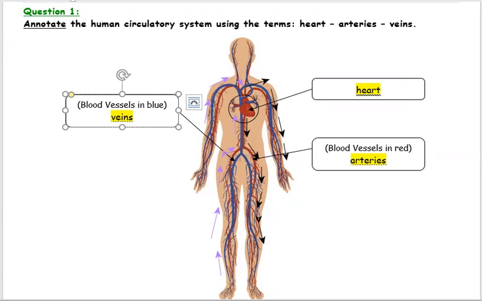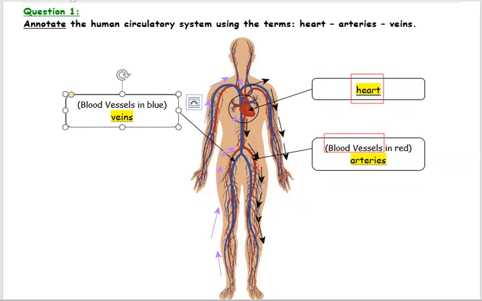Again, what are the two parts of the human circulatory system? Our circulatory system is composed of two parts: the heart, located in the chest between the two lungs, and the blood vessels.